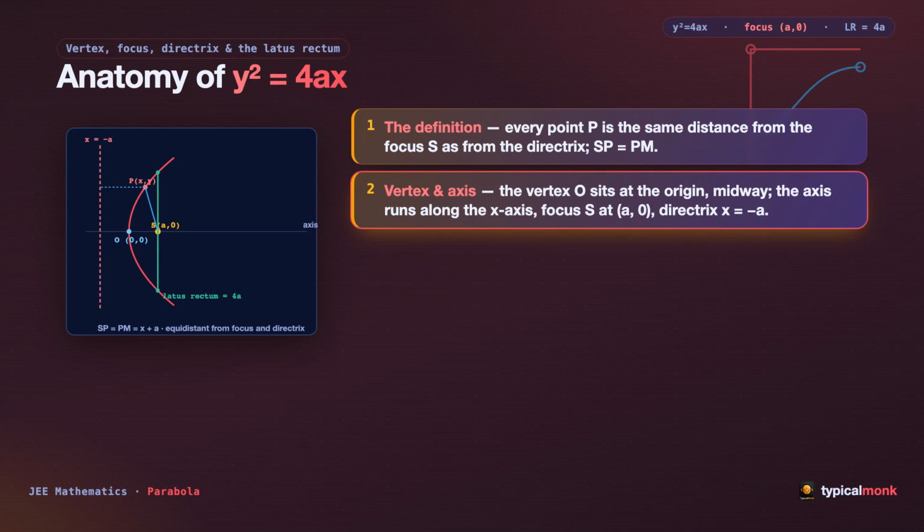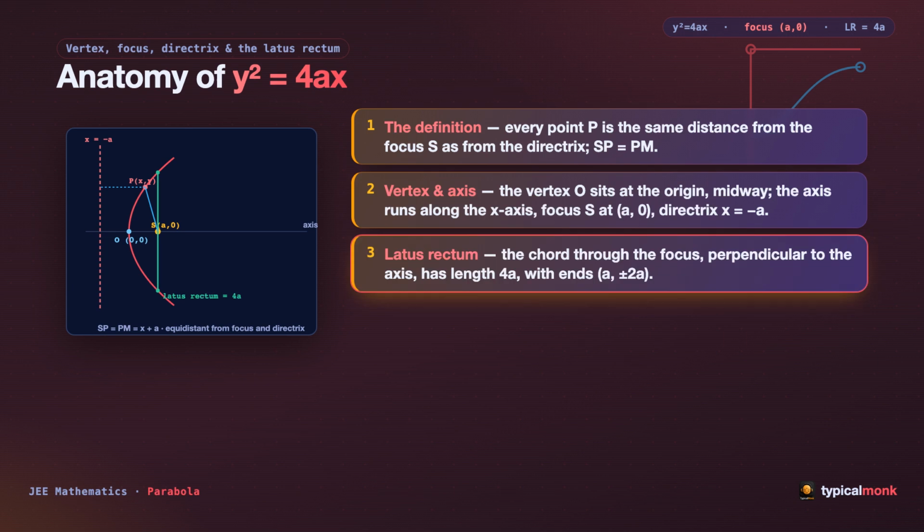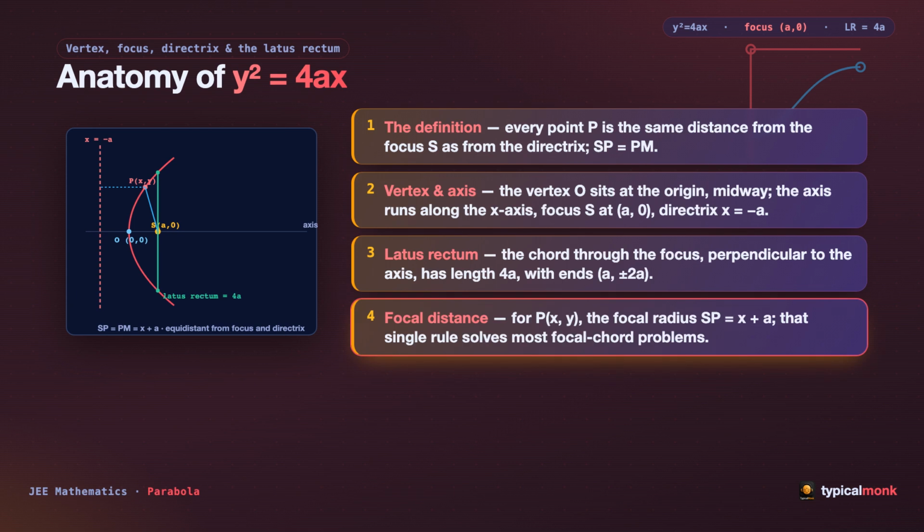The focus S is at a comma 0, and the directrix is the line x equals minus a. The latus rectum, the chord through the focus, perpendicular to the axis, has length 4a, with its ends at a comma, plus or minus 2a. And the focal distance. For the point P with coordinates x and y, the focal radius SP equals x plus a. And that single rule solves most focal-chord problems.